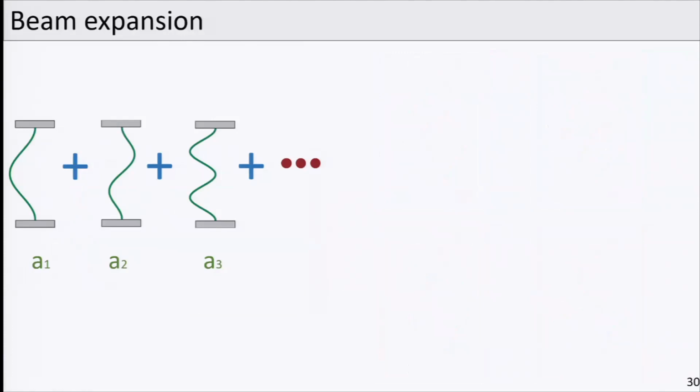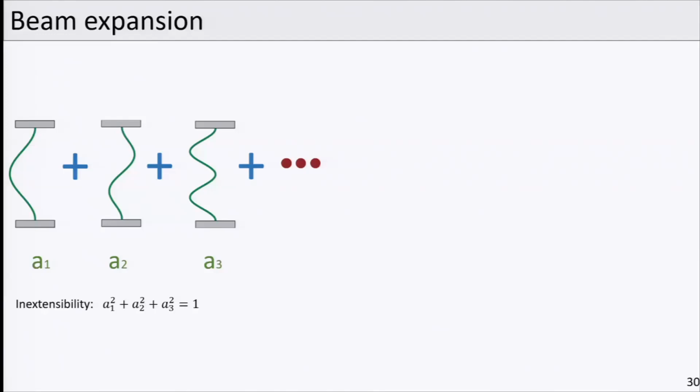And this simplifies greatly the expression, and in particular the length constraint, the inextensibility, becomes rather simple. So here for three terms, the sum of the squared mode amplitudes is equal to 1. So they lie on the sphere.